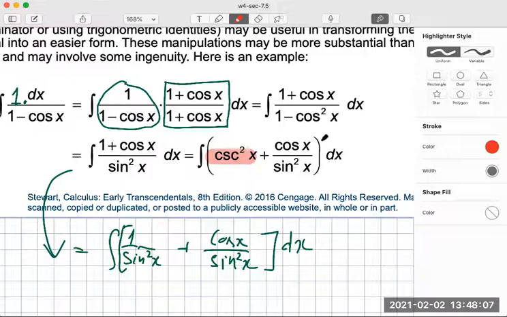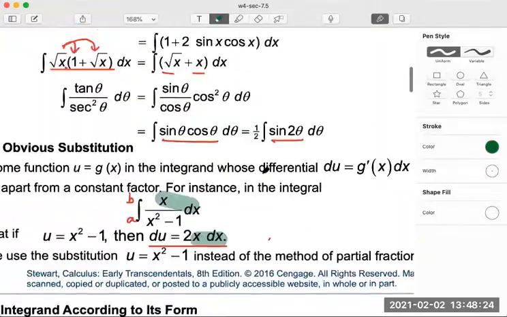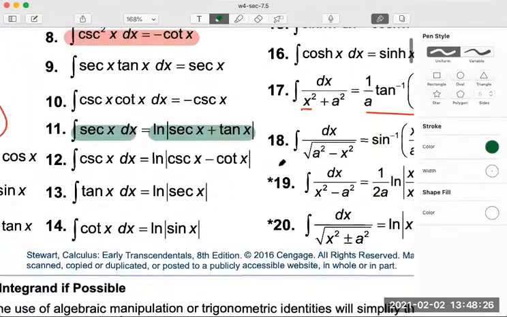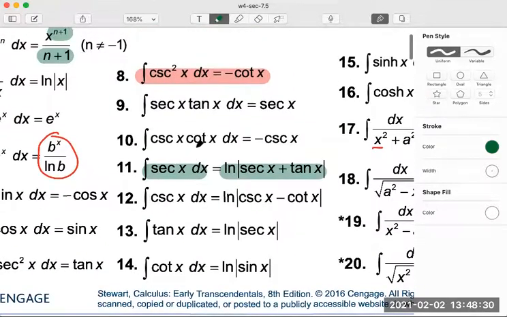Louder, please. Wow, very fast. I'm not sure about that formula, but sounds good. Or that is one way, right? Yep, it is somewhere here. Cosecant, cotangent, right here. Negative cosecant, very good. Good job.